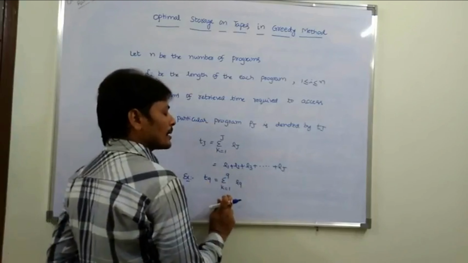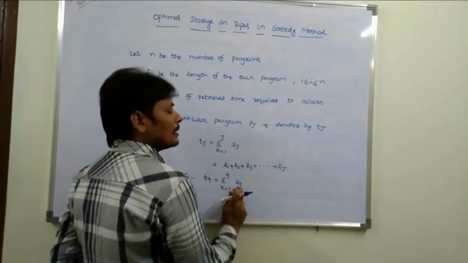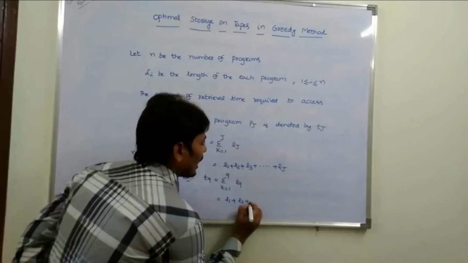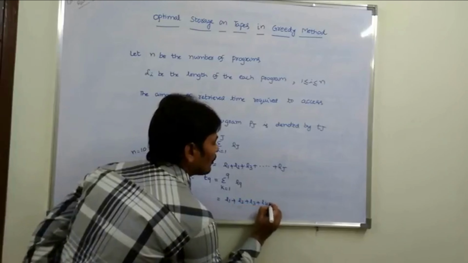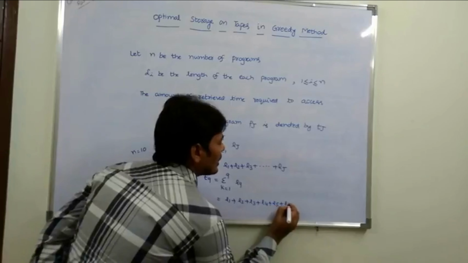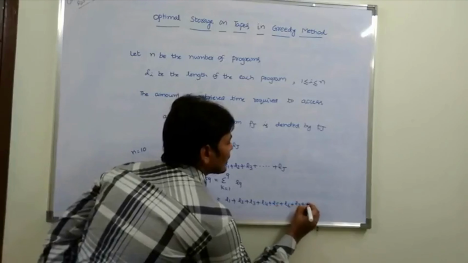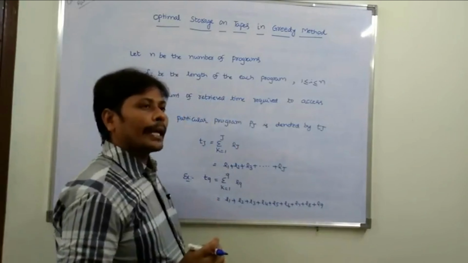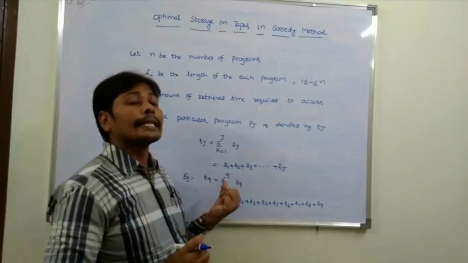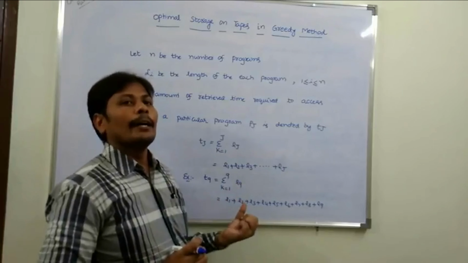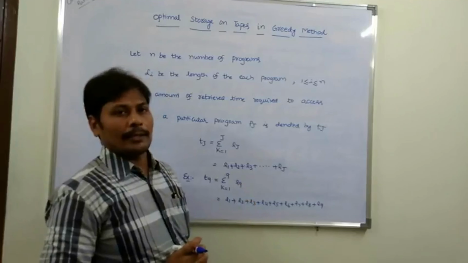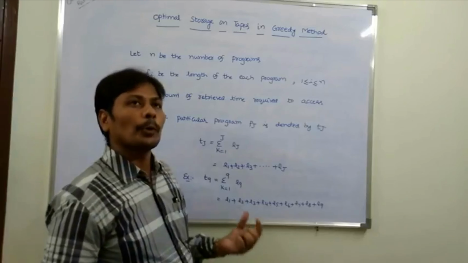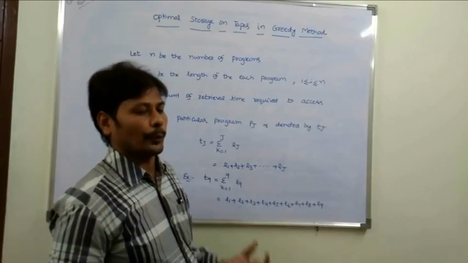T9 is nothing but L1 plus L2 plus L3 plus L4 plus L5 plus L6 plus L7 plus L8 plus L9. This is the total retrieval time to access the ninth song from a CD that contains 10 songs. In this way we access a particular program among n number of programs.